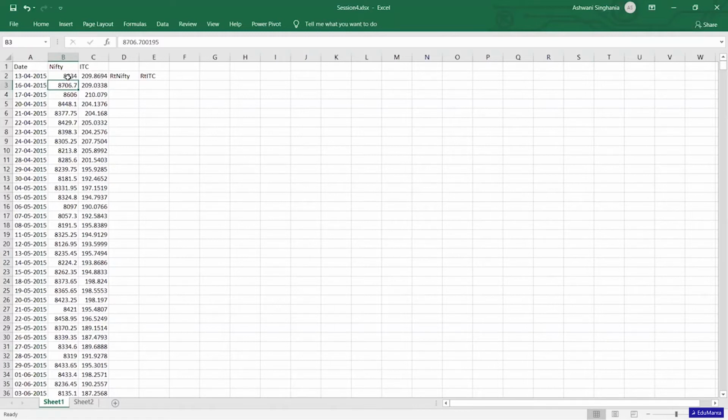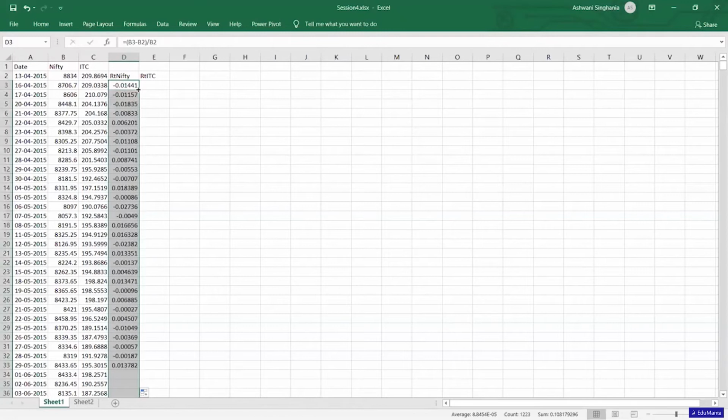What will be my profit or loss for that particular day? I'm going to calculate it as, for example, this price minus the buy price, divided by the buy price. So this is the return which I am getting for that particular day.